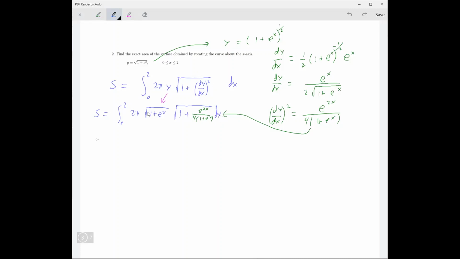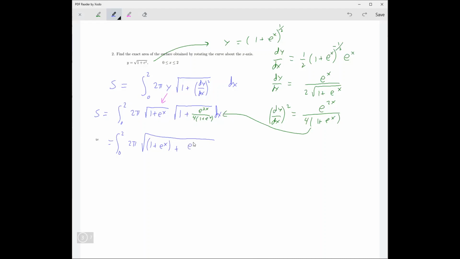Okay, now we have a square root of something times the square root of something else. So it's the square root of the product of the insides, so 1 big square root. Now I'm going to take this and multiply by 1 plus e to the x, and when I multiply this with this, the 1 plus e to the x cancels.